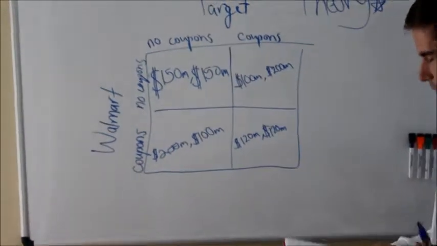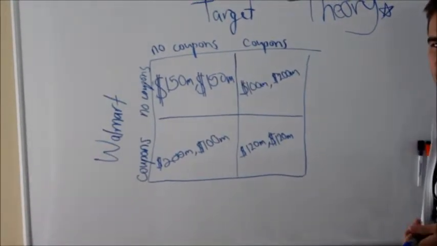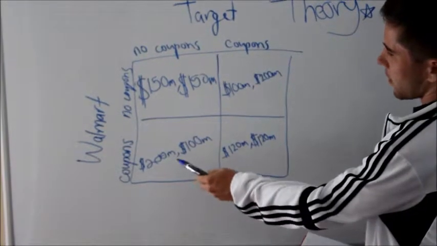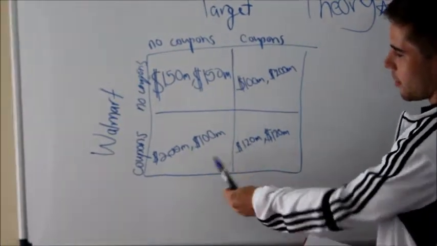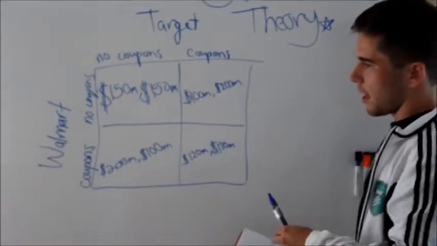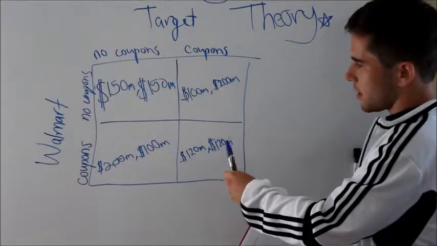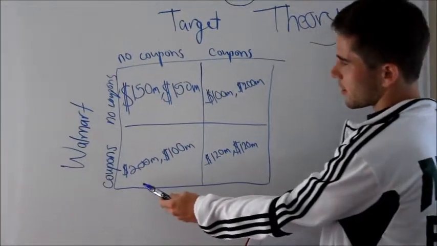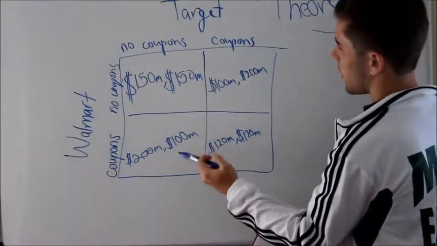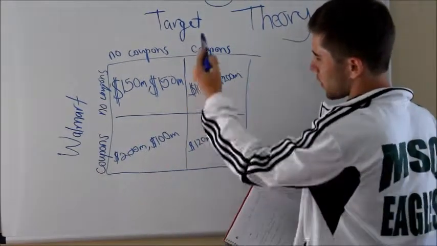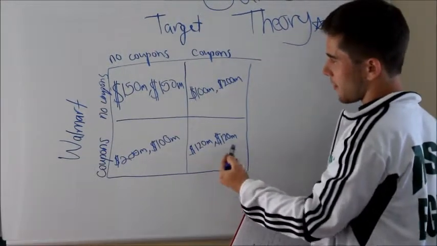So to start off, I'm going to go over dominant strategy, which is basically if one of the companies chooses to use, say, coupons, then which strategy is better for the other. And the dominant strategy is overall. So say Walmart decides to do coupons, so that means they'll be in these two boxes. So Target has to choose which one is better for them.